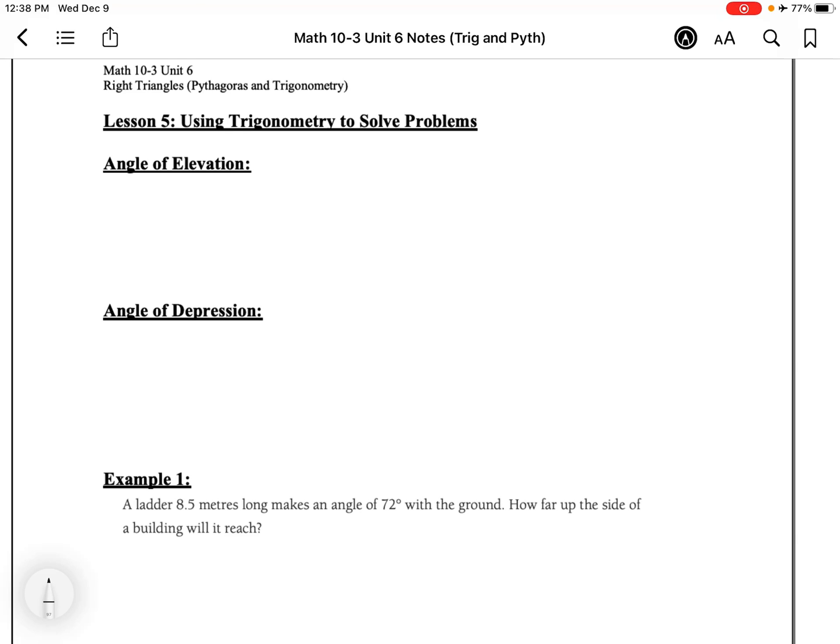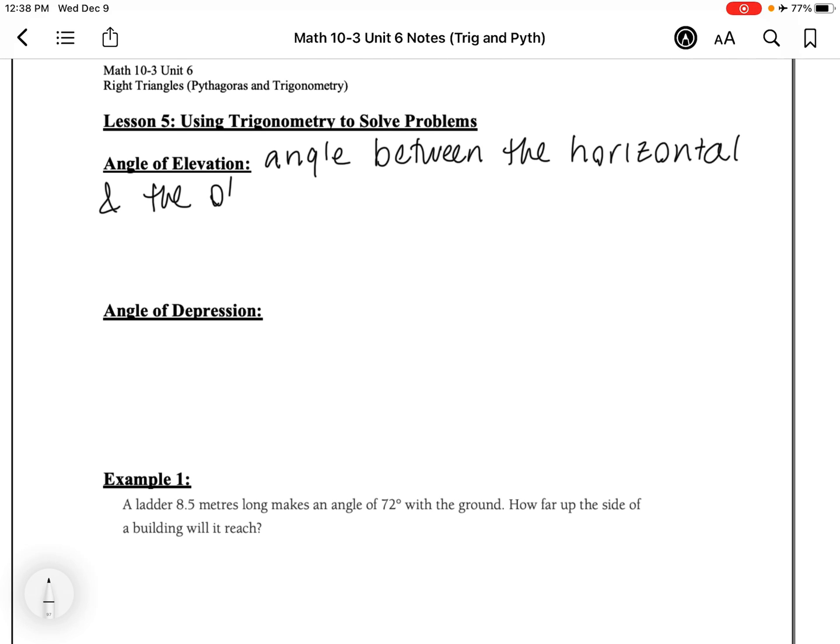Okay, the angle of elevation is basically the angle between the horizontal and the observer's line of sight looking upwards.